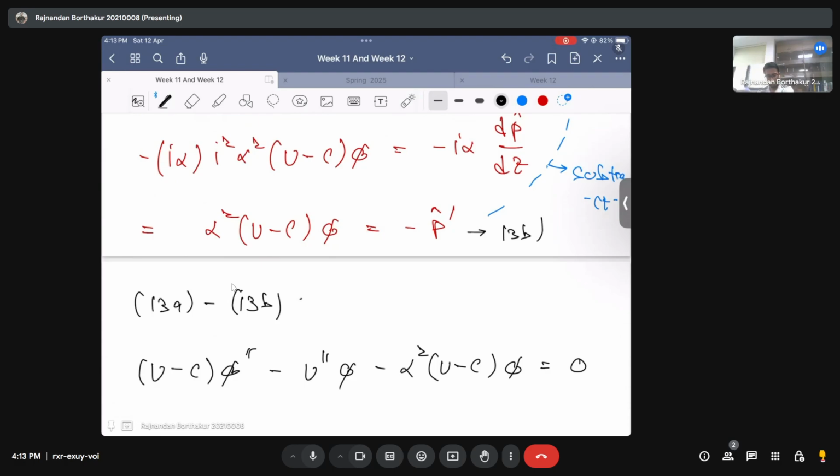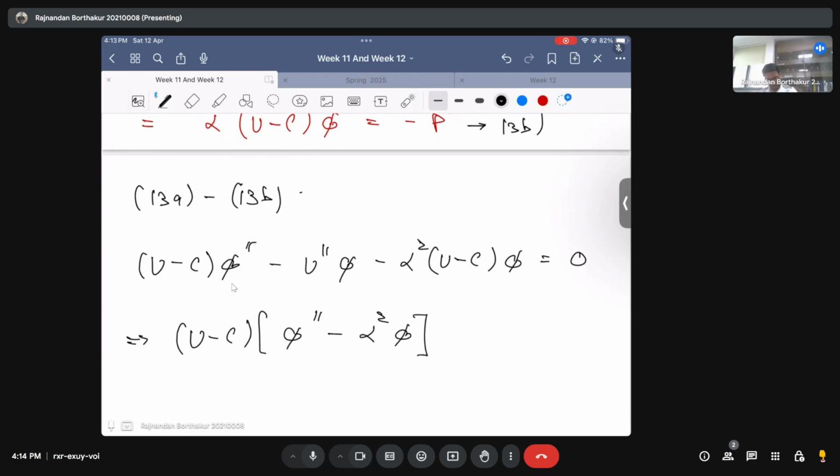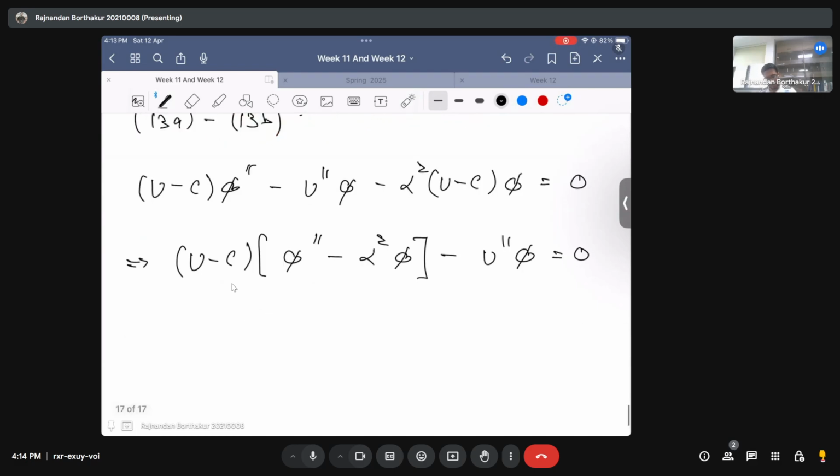Okay, and I'll just rearrange these terms. So you can take (u minus c) common, and write this as (phi double prime minus alpha squared phi) minus u double prime phi equal to 0.